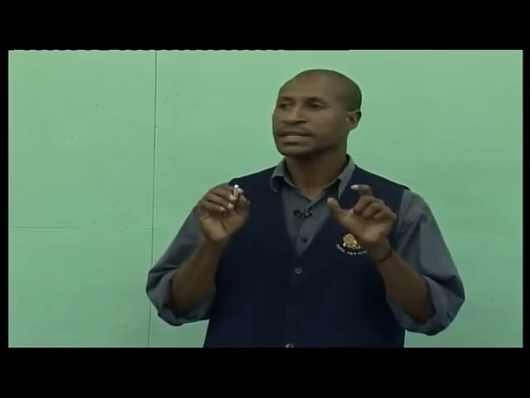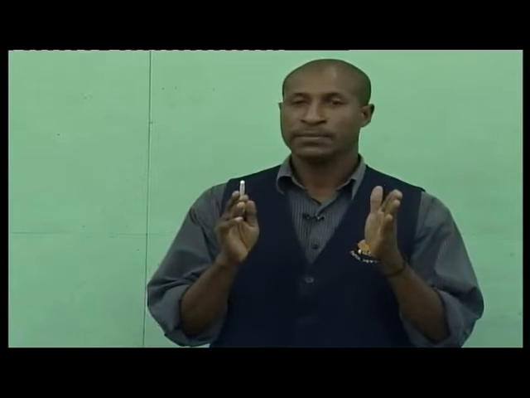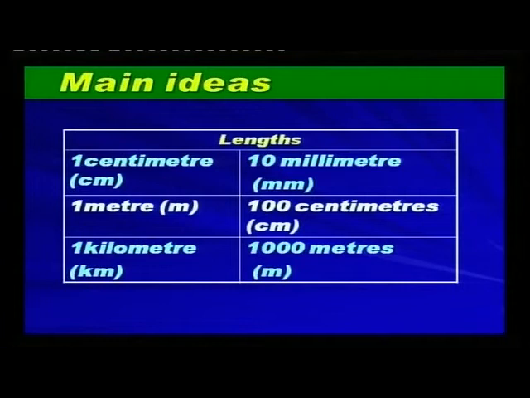Whenever you want to change from one unit to another, use this table to guide you. For example, if you want to change 10 centimeters to millimeters, you use this conversion table, which says 1 centimeter to 10 millimeters.